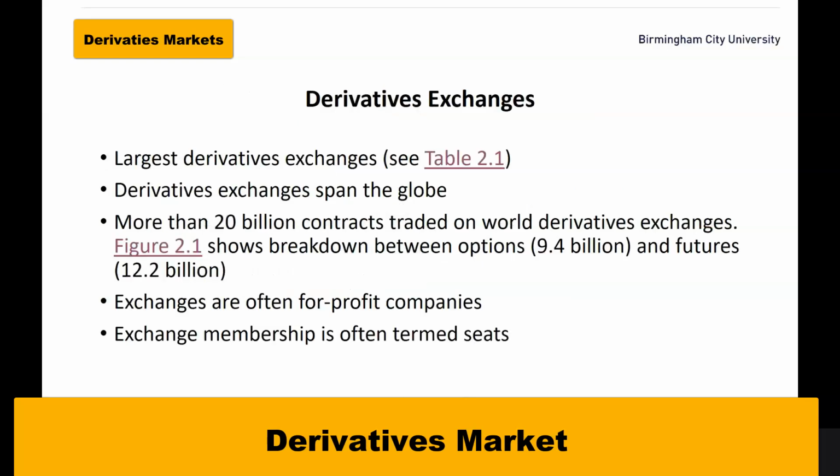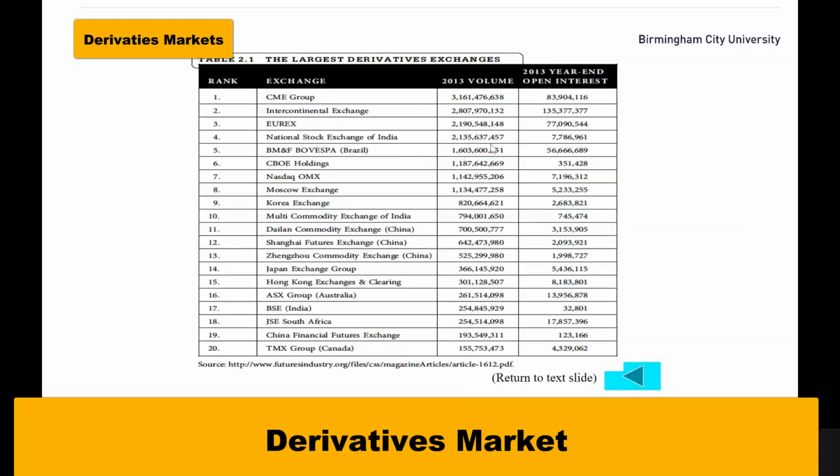Again, derivatives exchanges. There are a lot of changes that have taken place. For example, the CME Group and the Chicago Board Options Exchange, most of them have now merged or been acquired. So it keeps on changing.